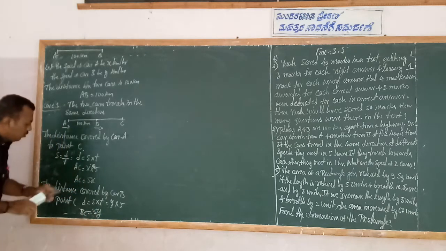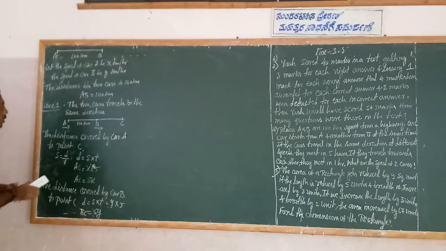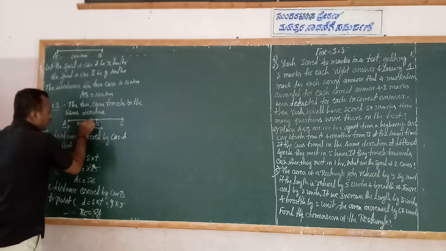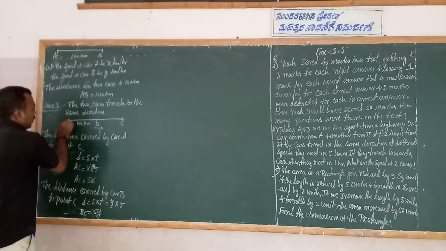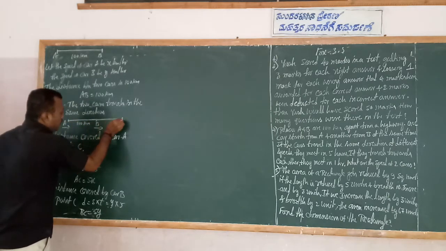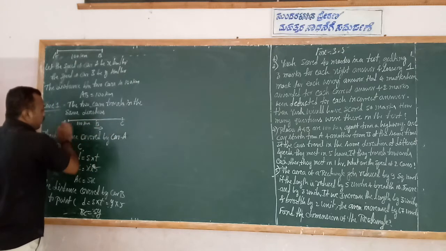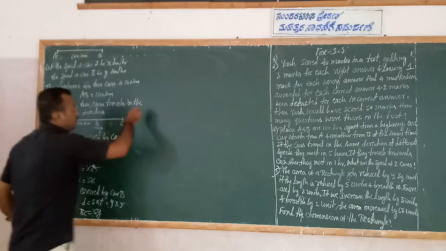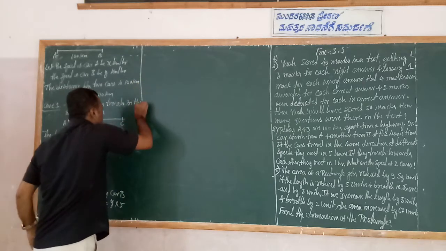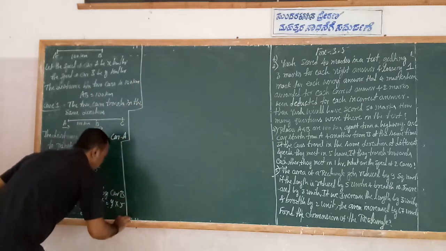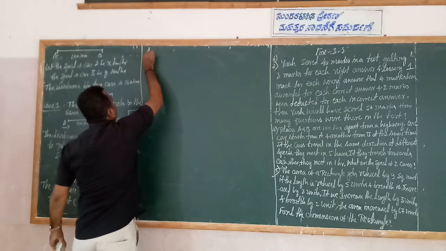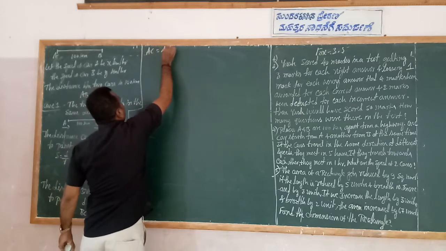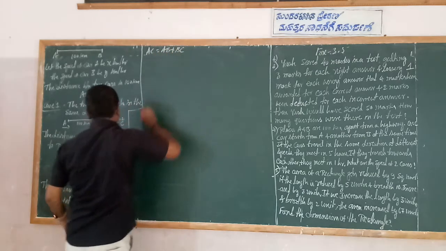Okay, so this is AC and this is BC. If you add AB plus BC, you will get AC. That's why AC is equal to AB plus BC. Is it right?